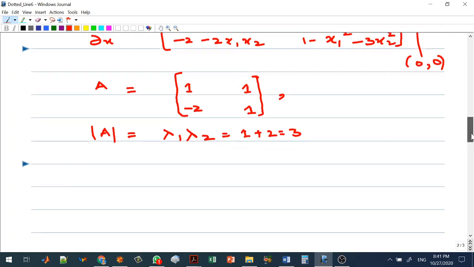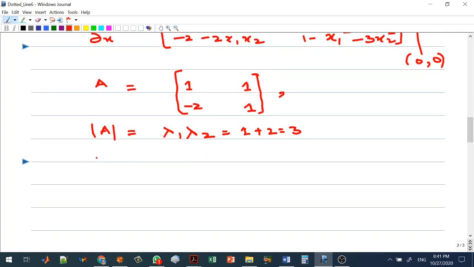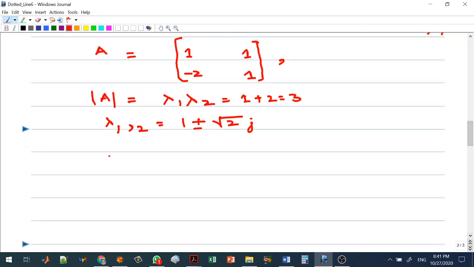So, if we calculate the eigenvalues, then lambda 1, 2 is equal to 1 plus minus square root of 2, right? So if we see using the Lyapunov's direct method, then the nature of this equilibrium point is an unstable focus.